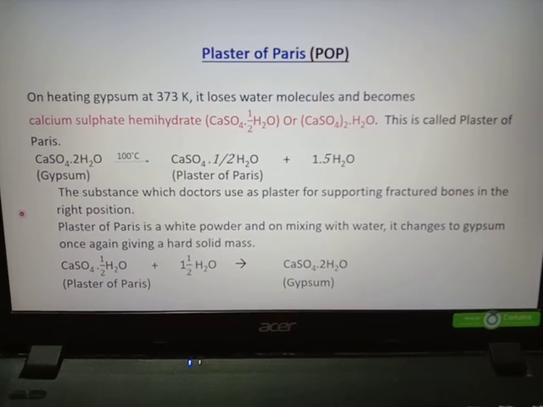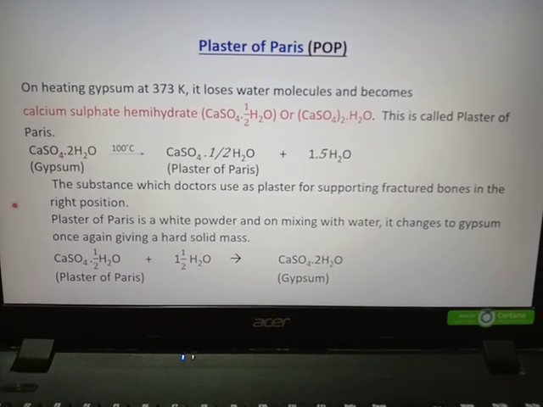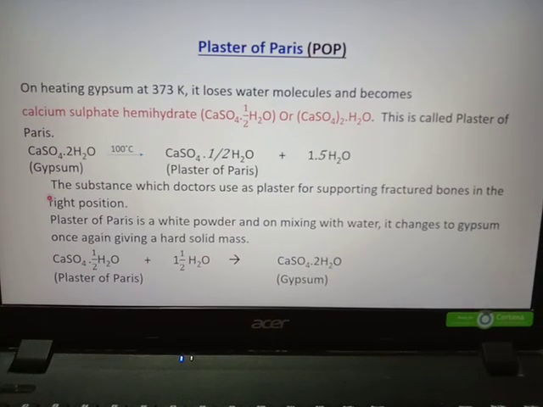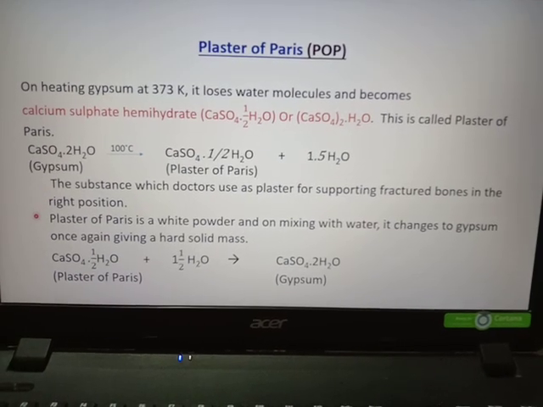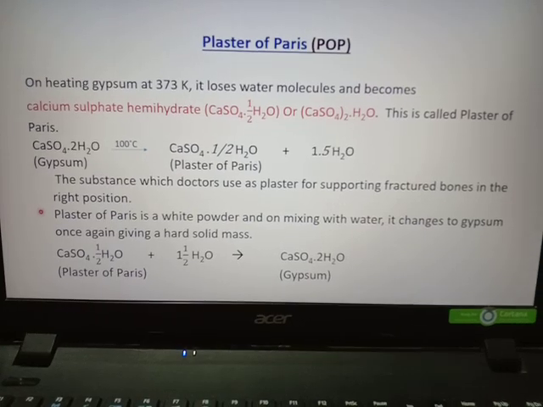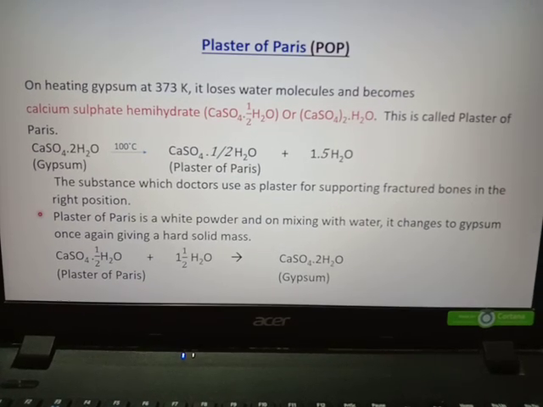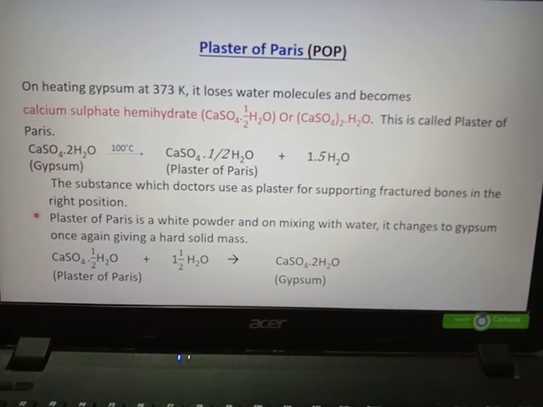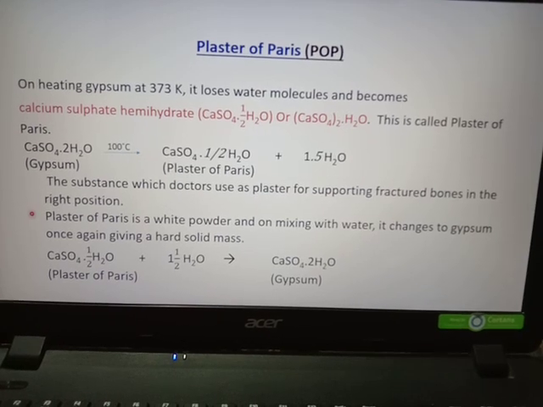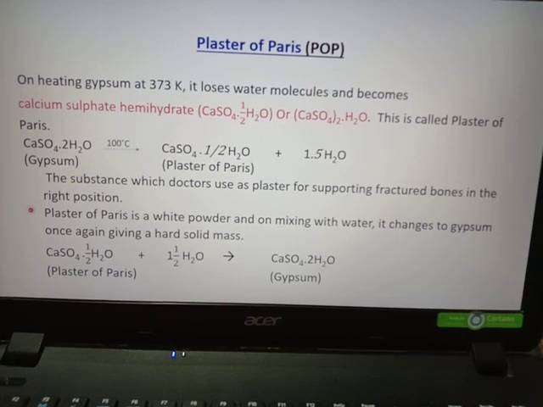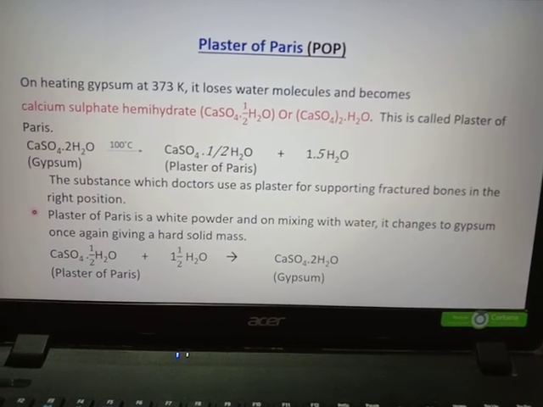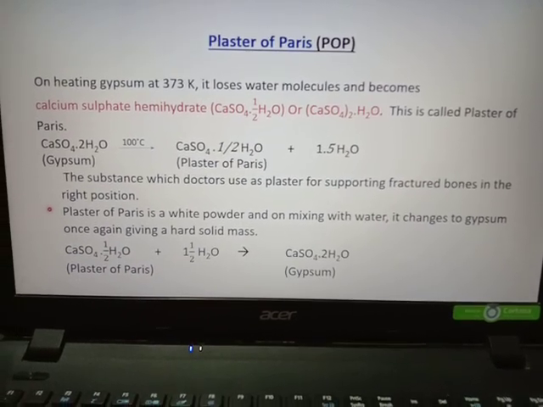Plaster of Paris is used by doctors in hospitals for setting fractured bones in the right position. Plaster of Paris is also used for making so many decorative items, the idols also. These all are the uses of plaster of Paris.